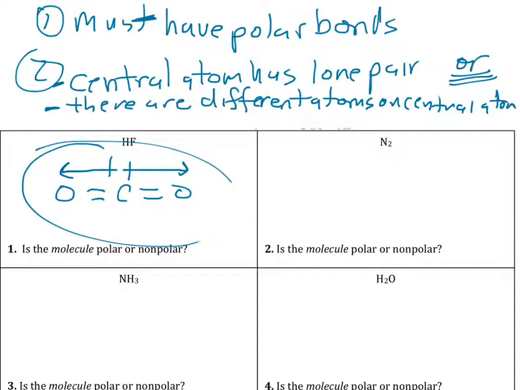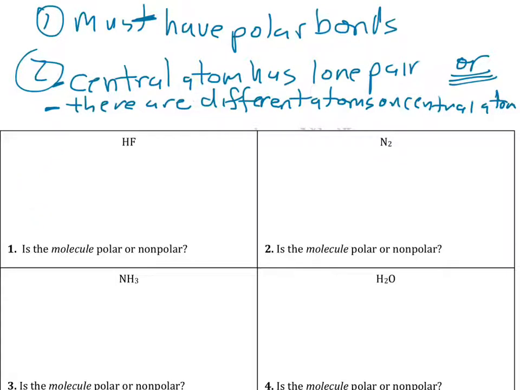And so not only does it need to have polar bonds, but it also needs to have either a lone pair on the central atom, or there must be different atoms that are bonded to the central atom. So it's got to meet those two criteria. So it's got to have polar bonds, and it's either got to have lone pairs on the central atom, or there's got to be different atoms bonded to the central atom.